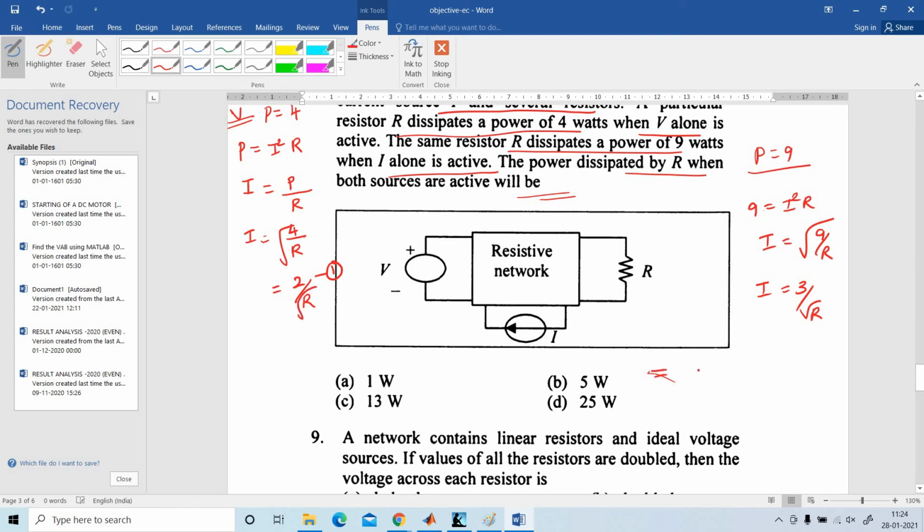Both the sources active, so I square into R is the power dissipated by R. I is equal to, the first I is 2 by root R, second I is 3 by root R, the whole square into R. So 5 by root R, the whole square into R. So 25 by R into R. So that is the power. So 25 watt is the correct answer.